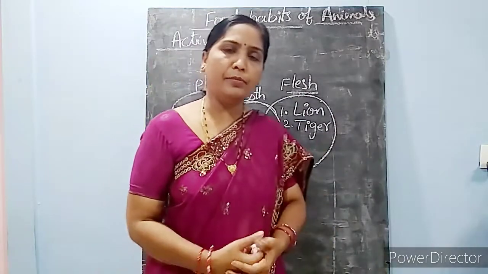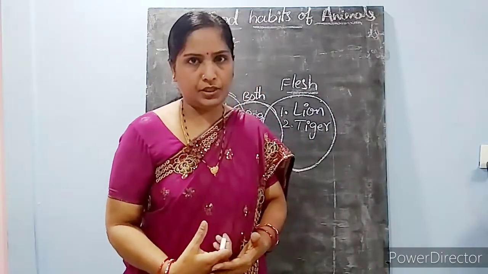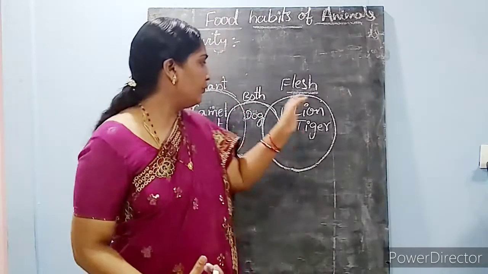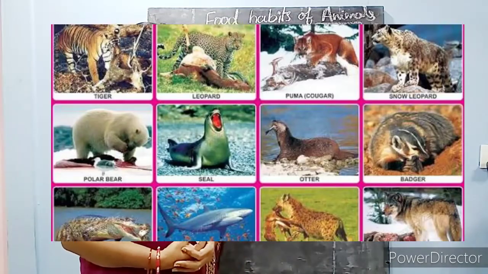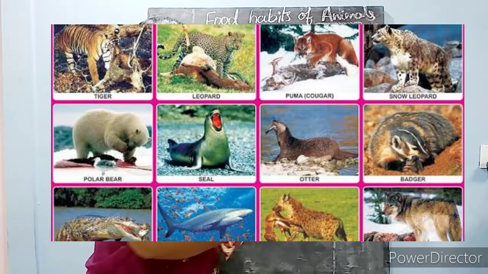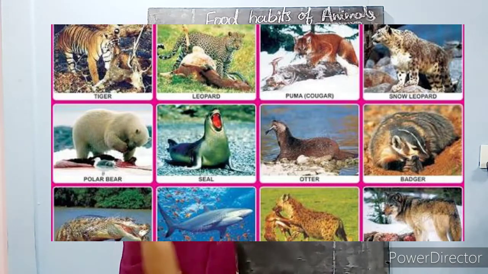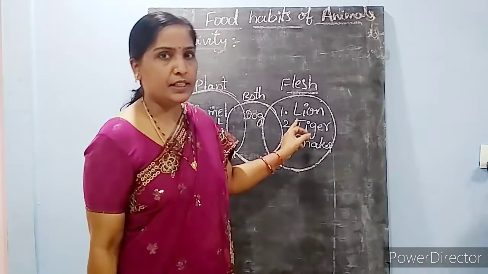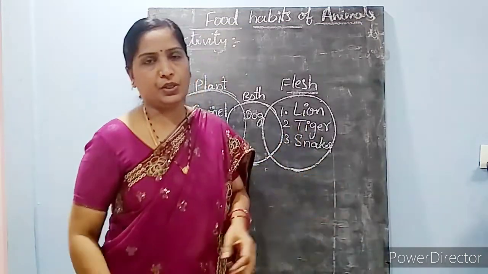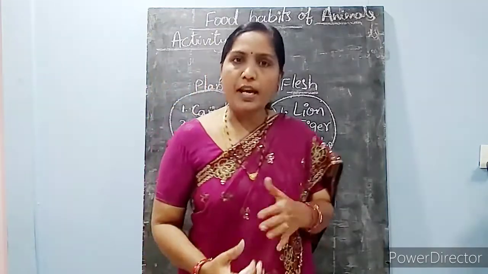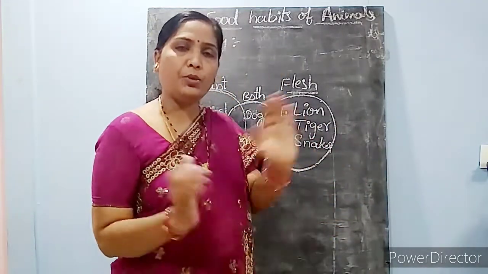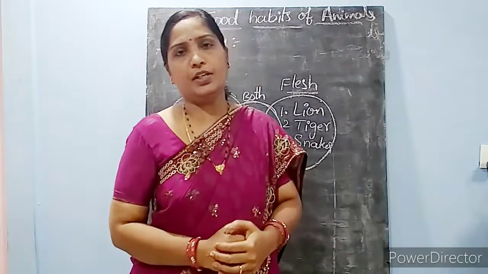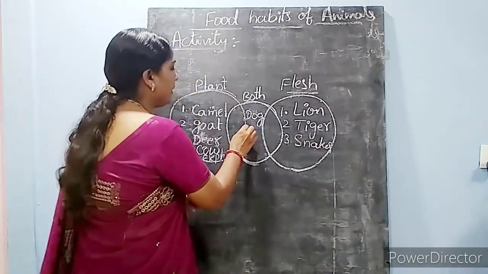And any other animal which eats only flesh? We already wrote two animals. And any other animal which eats only flesh? Snakes also. We can write wild snakes. Snakes also eat only flesh. Now, any animal like dog which eats both plants and flesh? That is bear.